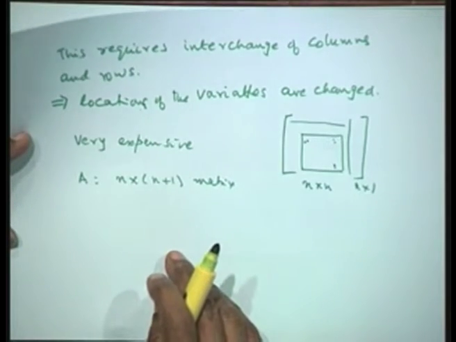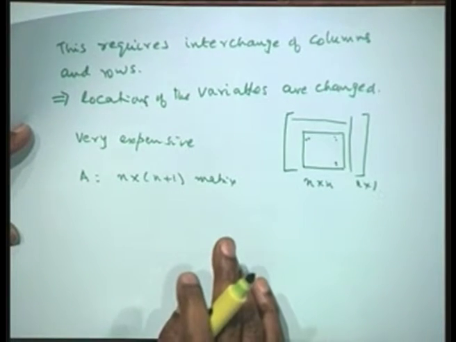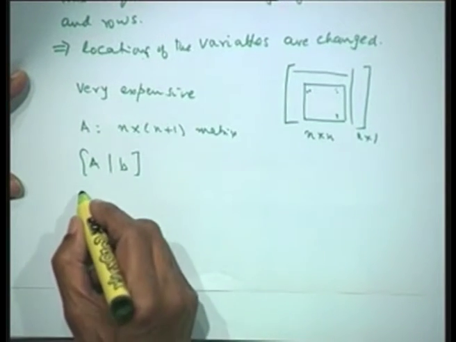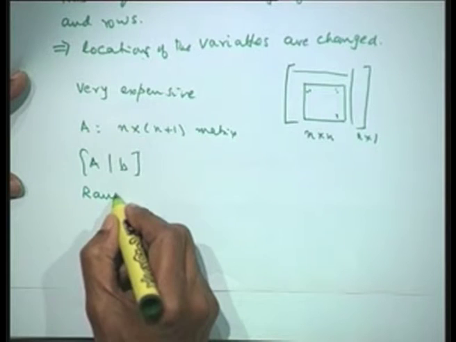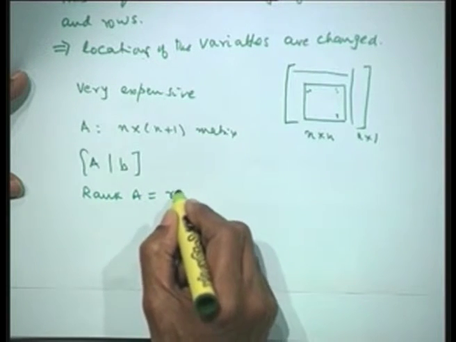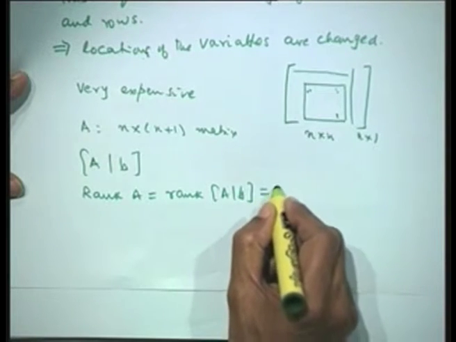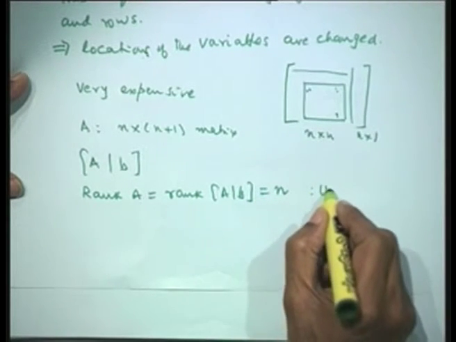So that is how you can write down a program in a single loop. Now earlier we have discussed consistency and inconsistency with respect to this augmented matrix. Let us just remember what we said at that time. We said if rank of A is equal to rank of the augmented matrix and this is equal to n, then we have a unique solution.